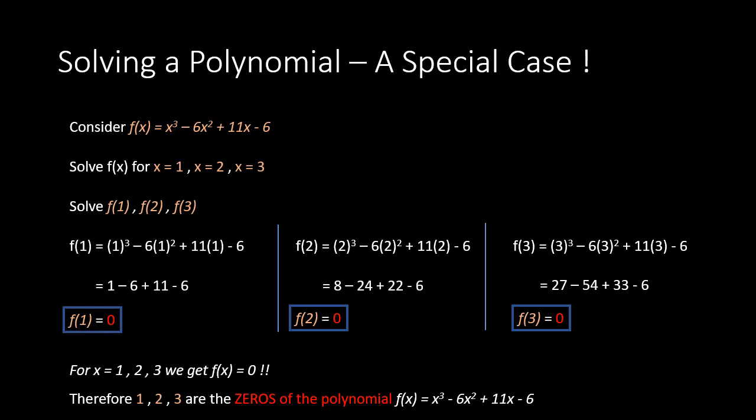I repeat, what are the zeros of the polynomial? The values of x such that when I substitute that variable x with that particular real number and solve the right hand side of the equation, if I get a 0, that value of x is called the zero of the polynomial f of x. Easy? Let's go ahead.